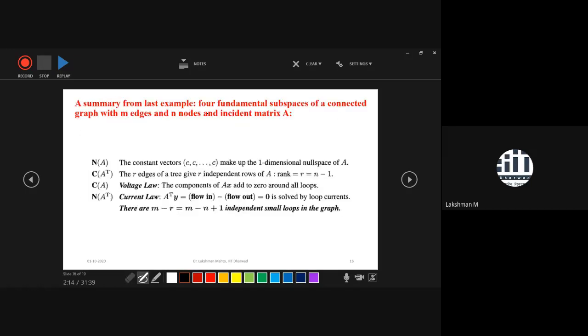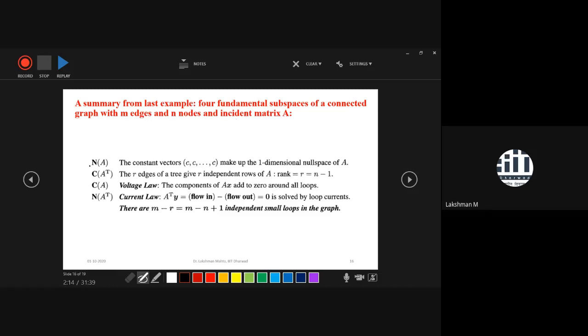Now from here you can summarize a few things for a directed graph. If you have a directed graph with m edges and n nodes, that means you have an incidence matrix of size m by n.